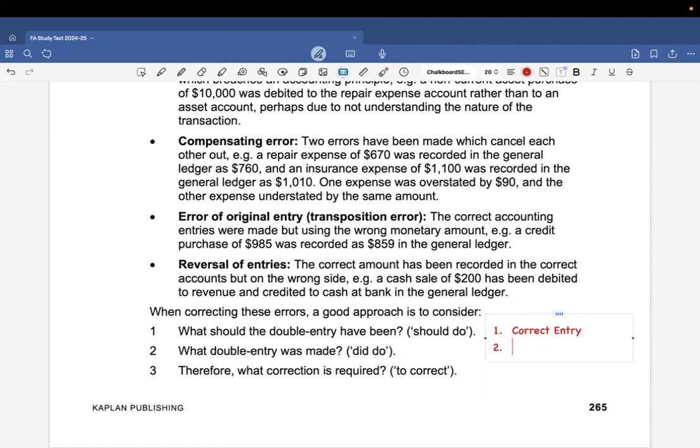The second step is to identify the wrong entry, whatever wrong entry they have passed. And the third step is to rectify the entry.